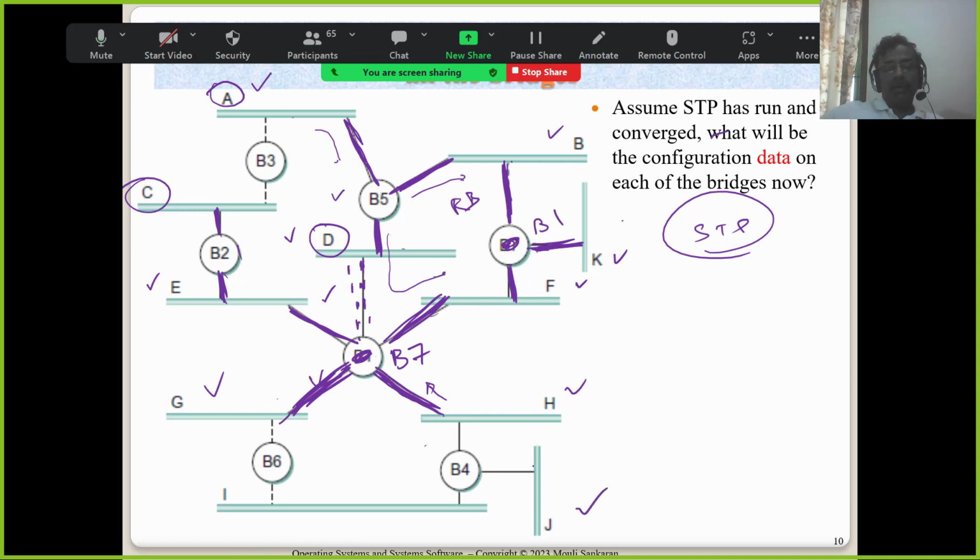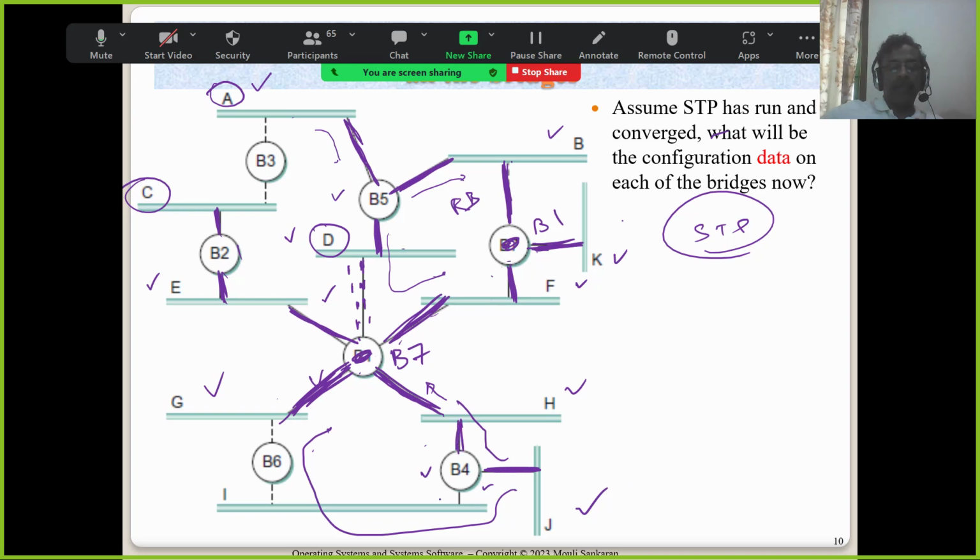J, what will it do? Will it choose the b4 way or the b6 way? It can come here and then go like this, or it can go directly here. Distance-wise it is 1, 2 to b1, so 2 here, also 2, but the distance is the same, but b4 is shorter. So I will choose for J to be on this path.